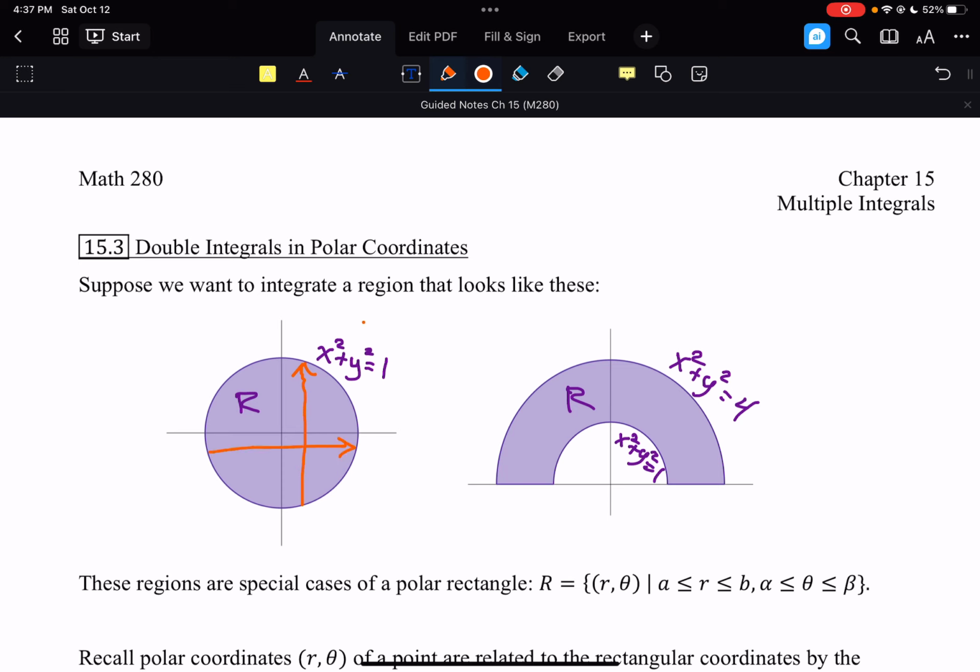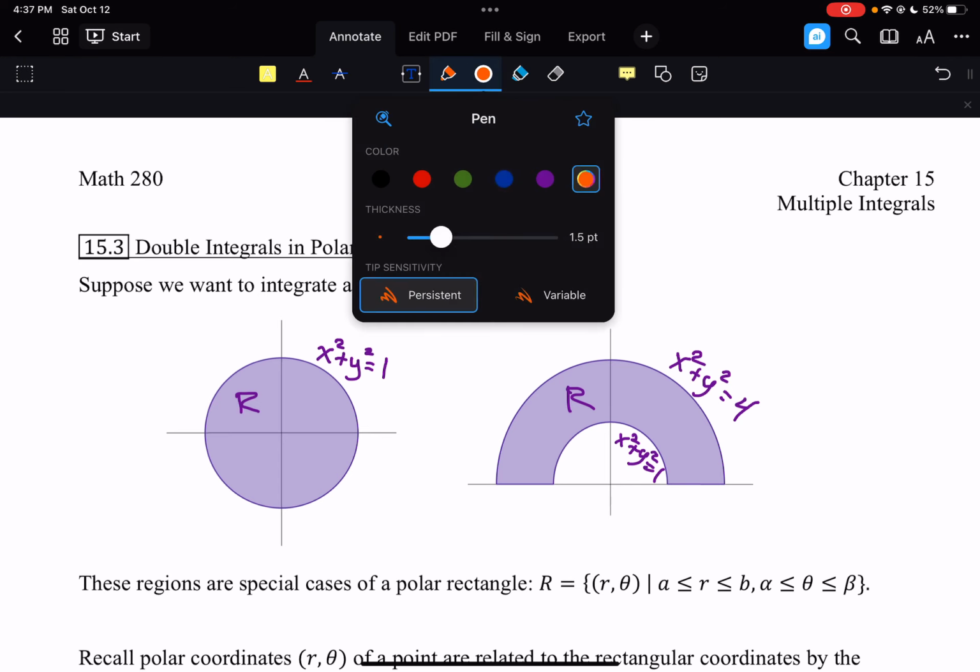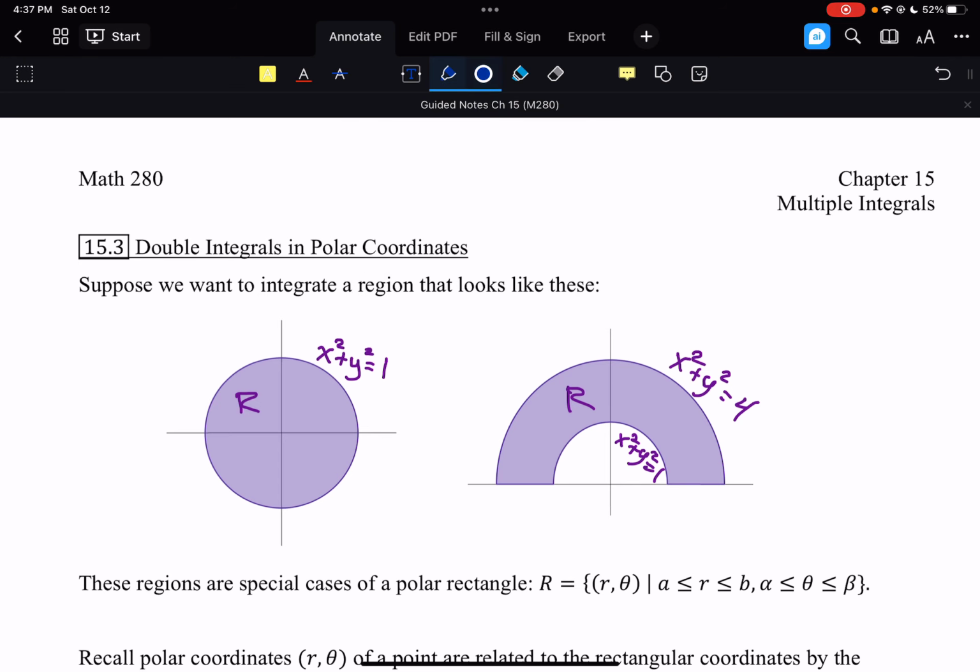And then you're going to have to solve these equations for x's and y's. In the case of this one, you're going to go from a line to a circle, then a circle to a circle, then a line to a circle, and you're going to have to set up different integrals. It's a mess. So integrating these using traditional rectangular coordinates, vertical and horizontal integration, is not going to be the best way to go.